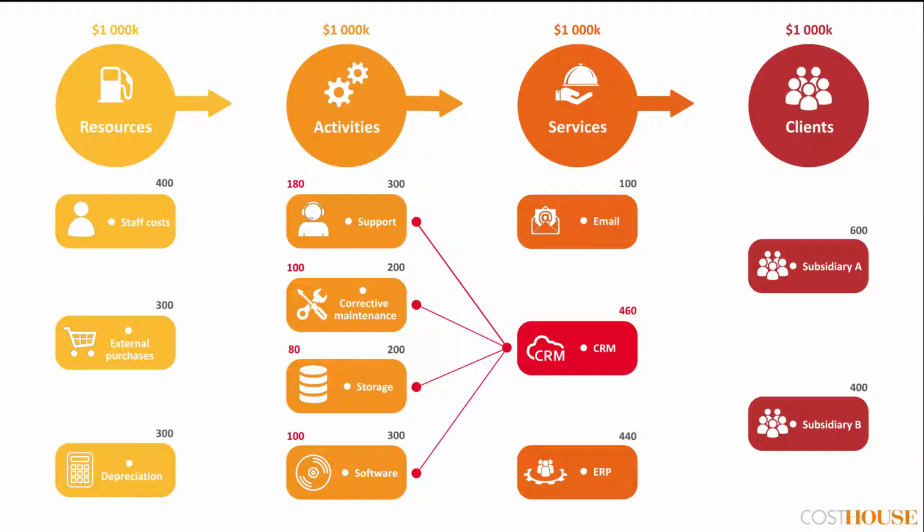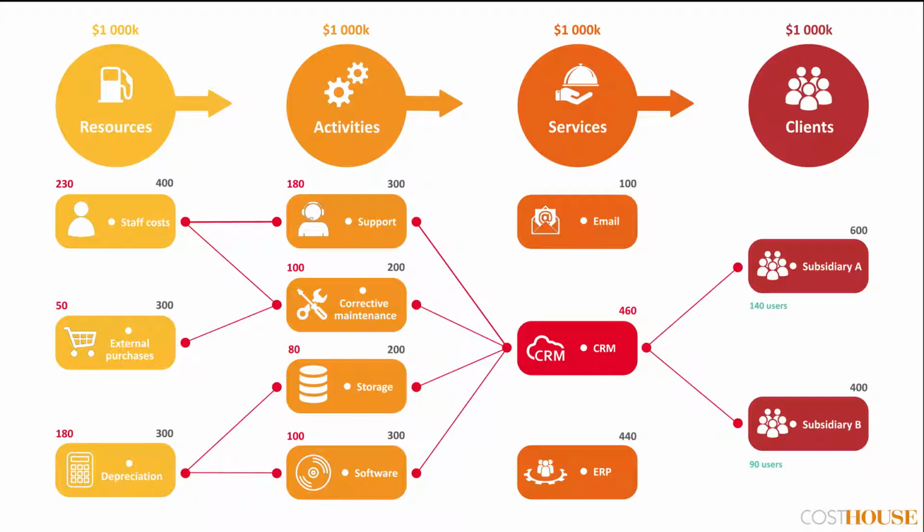By deduction, it's also possible to calculate that CRM consumes $230,000 in staff, $50,000 in purchases, and $180,000 in depreciation. It's possible to calculate the unit cost of CRM depending on the volume of consumption. In our example, this service costs $2,000 per user.